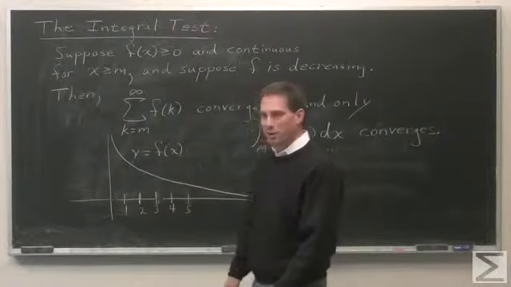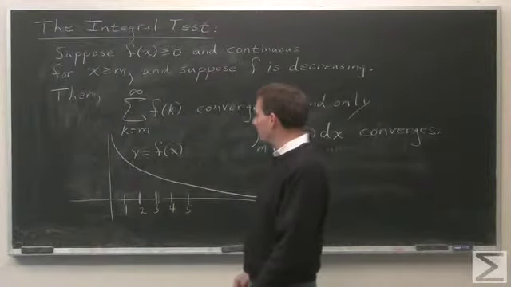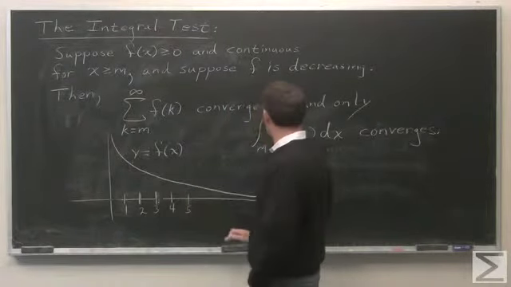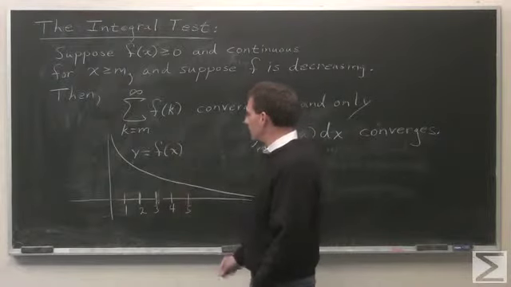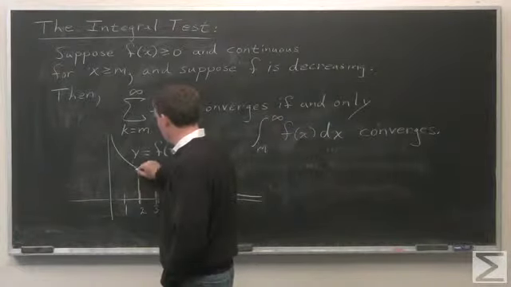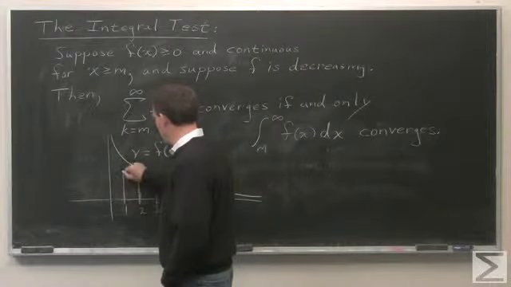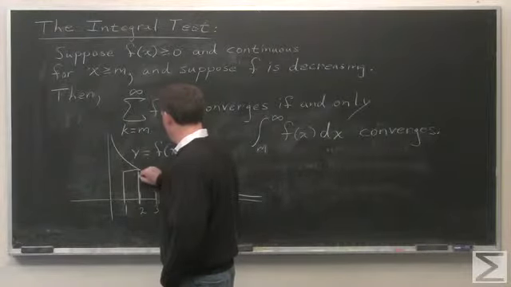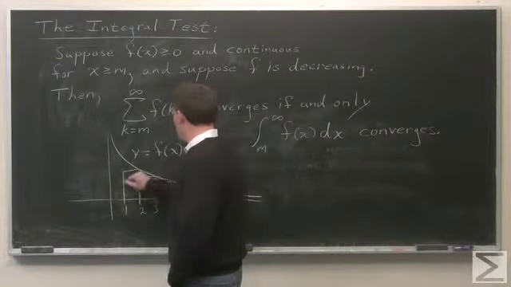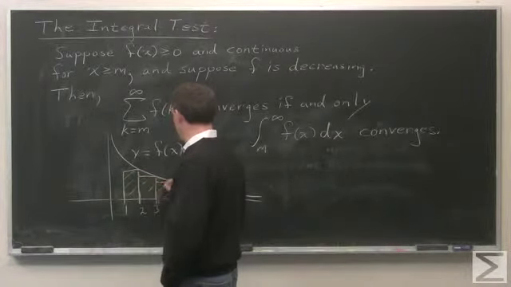If you draw in the right rectangles to represent the partial sums, we would like to know, for instance, if the integral converges, the series converges. Well, then what we'd like to do is consider these inscribed rectangles.